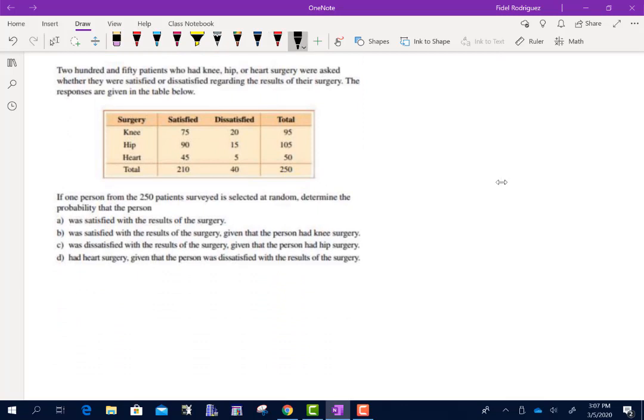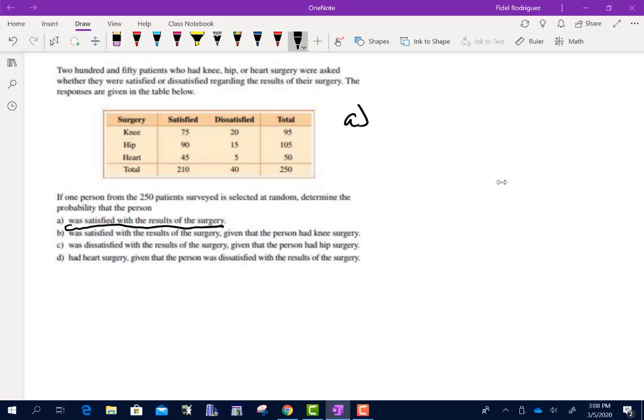So it says 250 patients who had knee, hip, or heart surgery were asked whether they were satisfied or dissatisfied regarding the results of their surgery. The responses are given in the table below. Okay, so the question says, if one person from the 250 surveyed is selected at random, determine the probability that the person, part A, was satisfied with the results of the surgery.